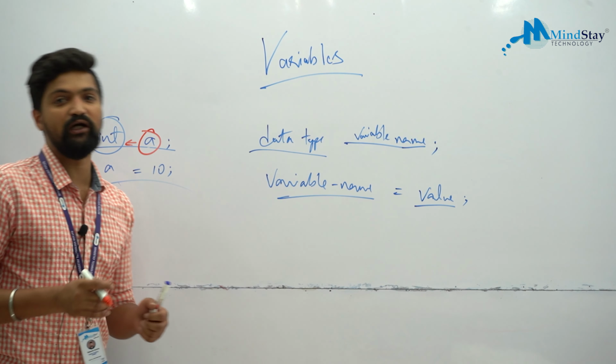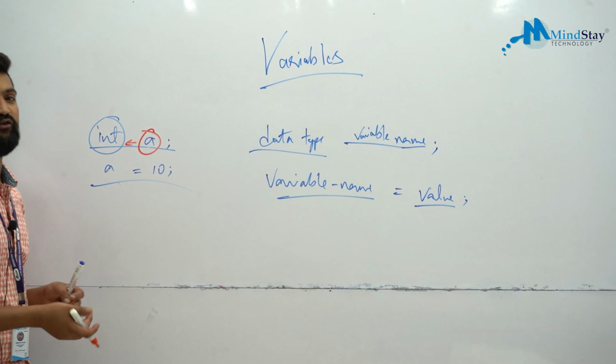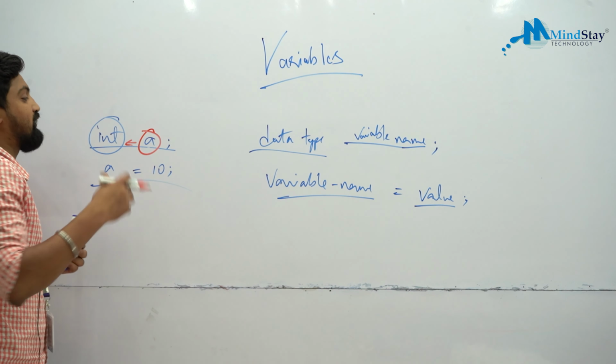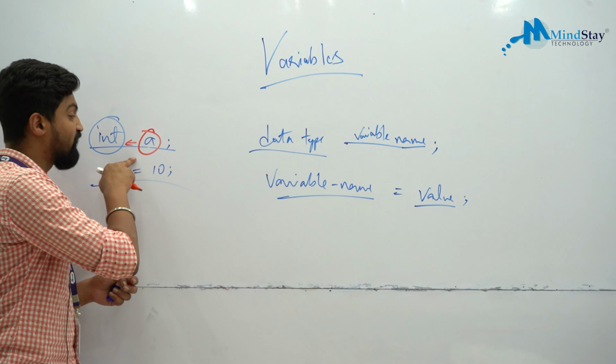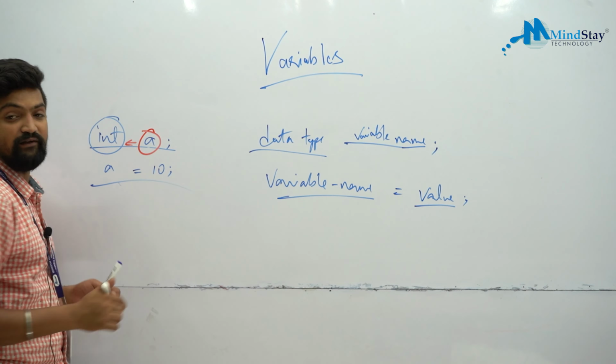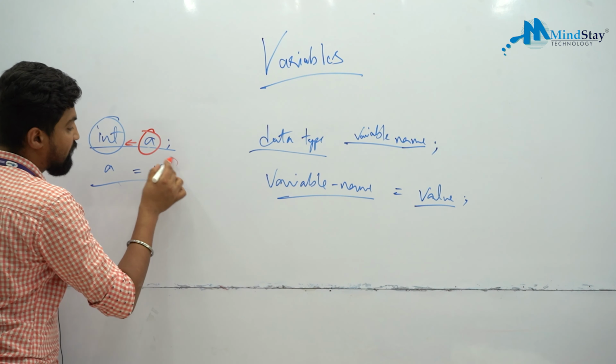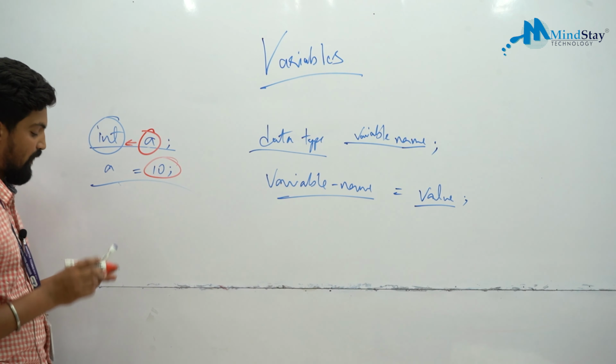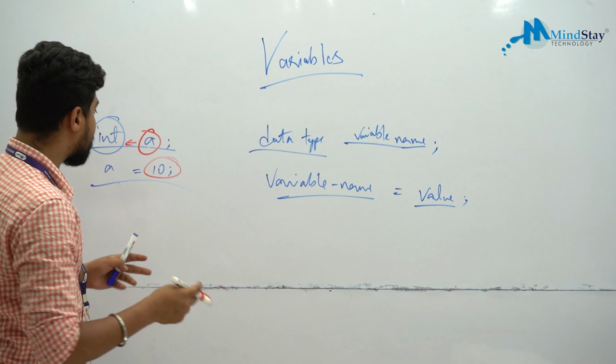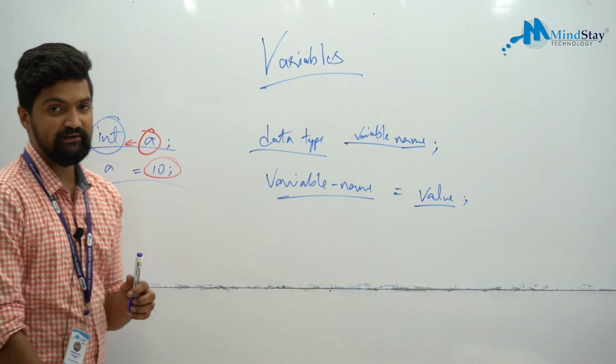That's what data type does. It defines or declares what type of variable it is. So here, what type of variable is my A? It is integer type, and hence I can assign any integer value to my variable. So this is what we had learned in the last lectures.